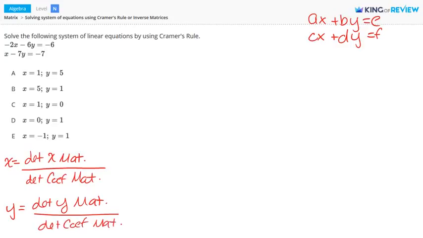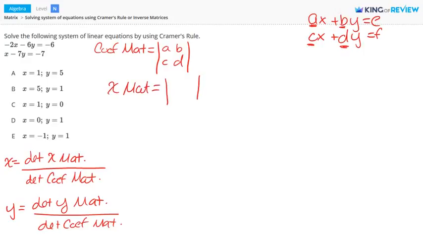So let's set up our matrices. Let's start with the coefficient matrix. The entries for this will be the coefficients of our x and y terms, so we have A, B, C, and D. The x matrix is going to start with E and F, and you know over here that E and F are the constants.